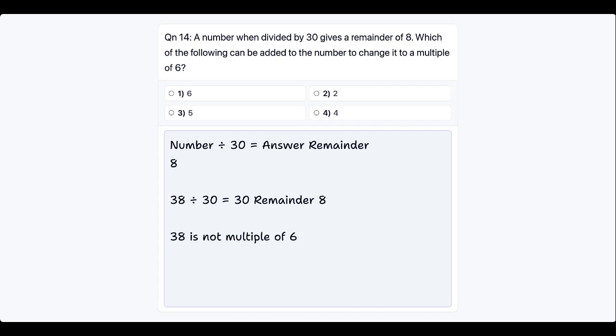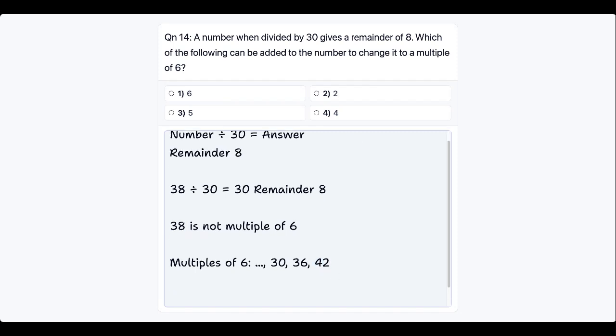So if you put your multiples of 6, it will be dot dot dot, then you have 30, 36, and then 42. So there you go. The closest to 38 is 42. So we need to add, right? So with that, it's 42 minus 38, and this will be equal to 4.